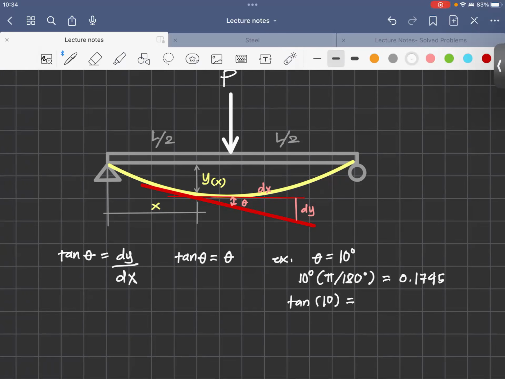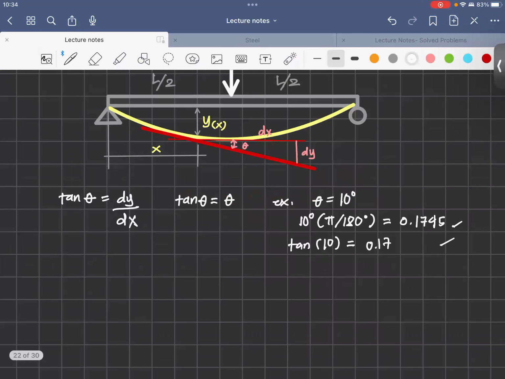Tangent 10 is also equal to 0.17. As you can see, the values of the two are equal, so we can say that tangent theta is equal to theta. Having said that, we can rewrite this as theta is equal to dy over dx.